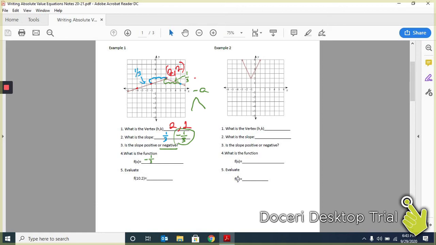Absolute value of x minus h, x minus 2, this is h, this is k, I forgot to write that a minute ago, and then plus 2. Because this should give me a shift to the right, and this should give me a shift up.